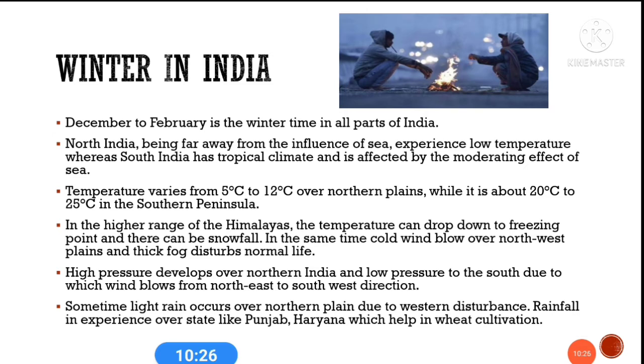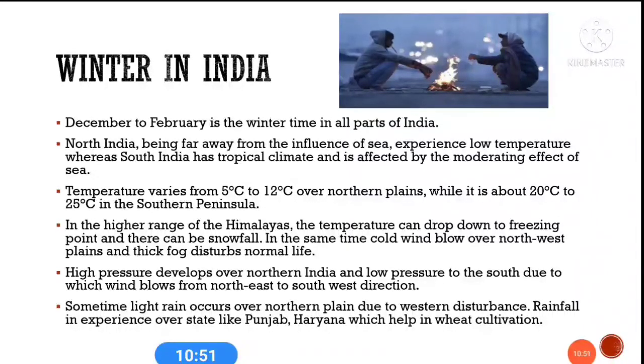Winter in India basically starts from the month of December and lasts up to February. Northern India, being far away from the influence of the sea, experiences low temperature, whereas the southern part of India has a tropical climate and is affected by the moderating effect of the sea.